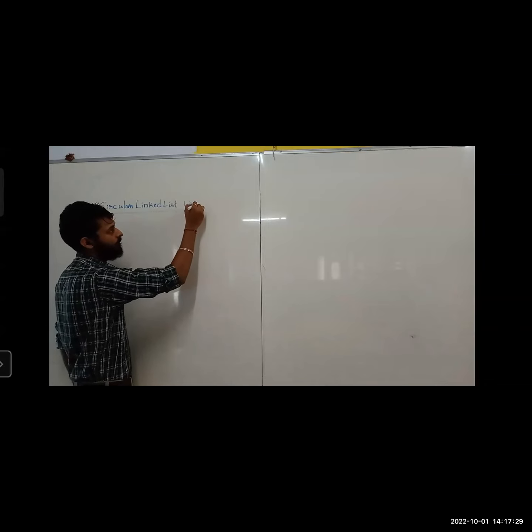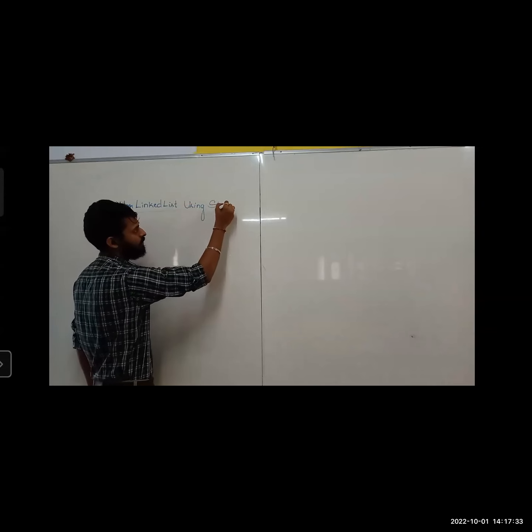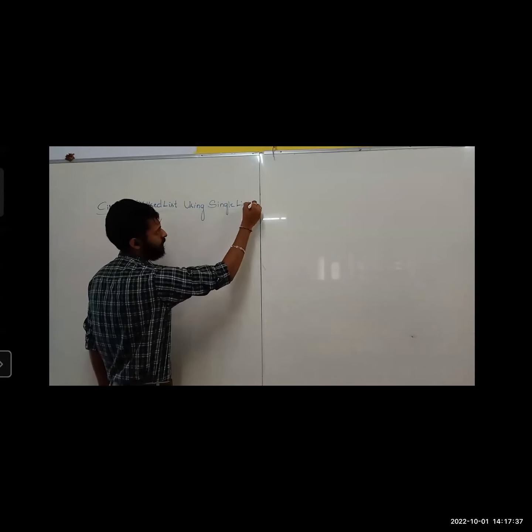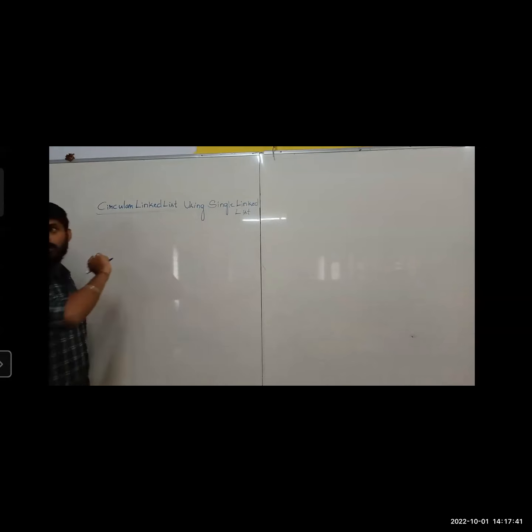Using a singly linked list, first one. Yes. Okay. In this again, we should discuss several cases. How many cases were there? 7. But here there will not be 7. There will be only how many? 5. Yes, sir.